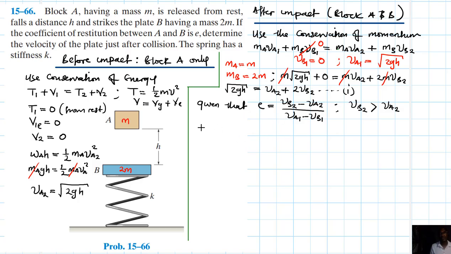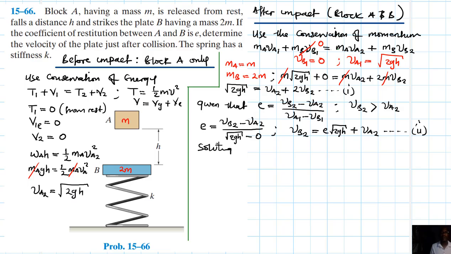And then we know the other values there, so we can write this as v_B2 minus v_A2, and then we know v_A1 is square root of 2gh, and minus this part we said it is 0. Therefore, you can write v_B2 is just going to be equal to e square root of 2gh plus v_A2. And this is our second equation.